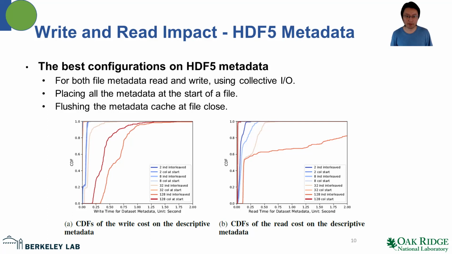We also compared flushing the metadata at file close time against the default, which is flushing the metadata during the IO time. We have found that for both metadata read and write, using collective I/O can improve the performance significantly, as does placing all the metadata at the start of the file and flushing the metadata at the file close time.